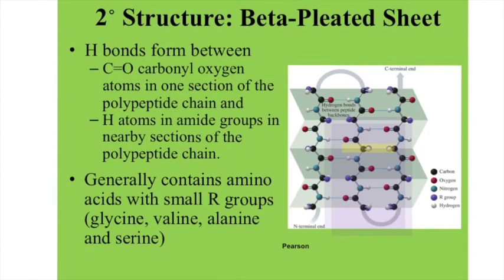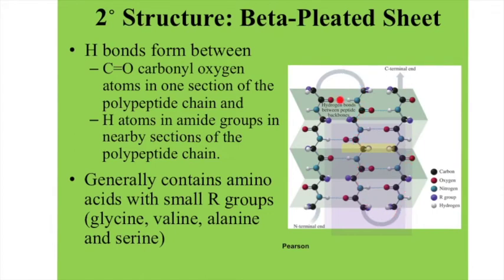Okay, so for the beta sheet, instead of the polypeptide chain spiraling on itself and forming hydrogen bonds that are around 3.5 to 4 residues apart between the hydrogen on the amide nitrogen and the lone pair of electrons on an oxygen, we have the chains running alongside each other in parallel.